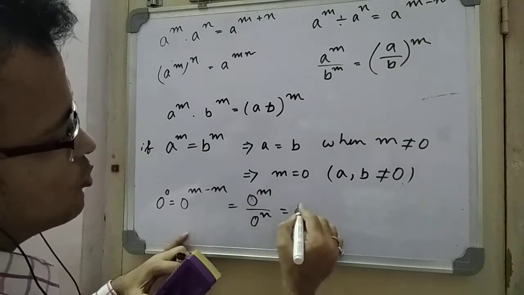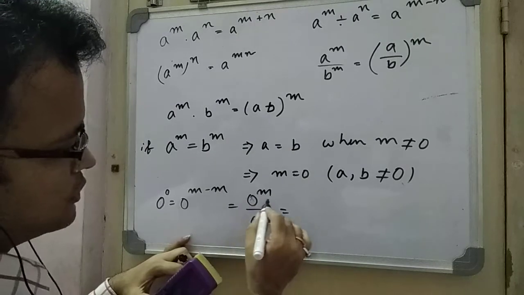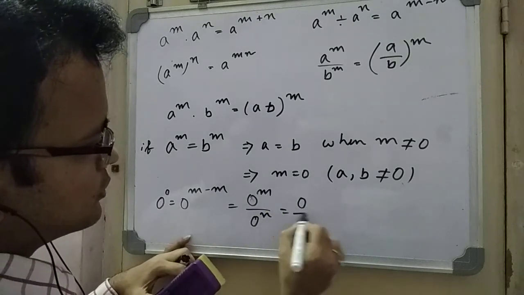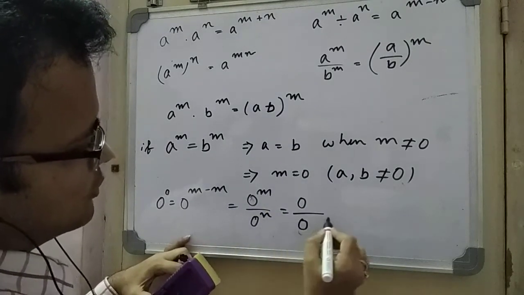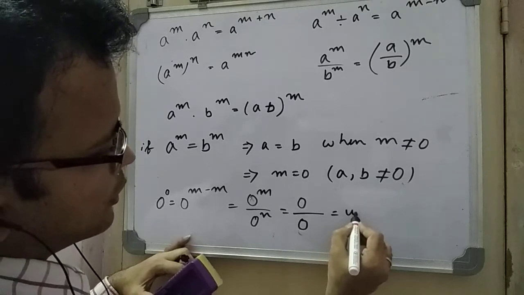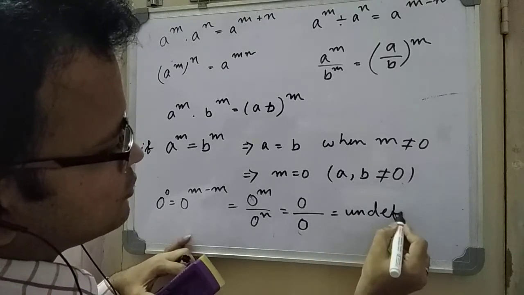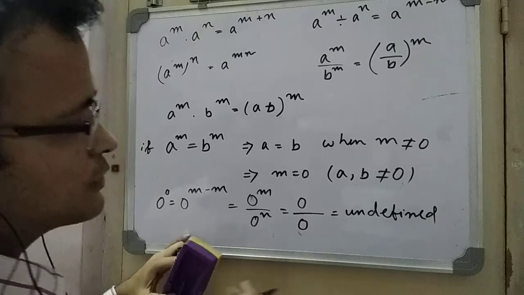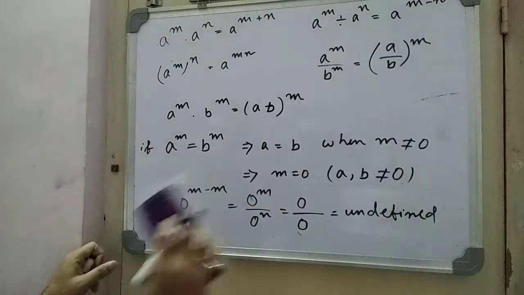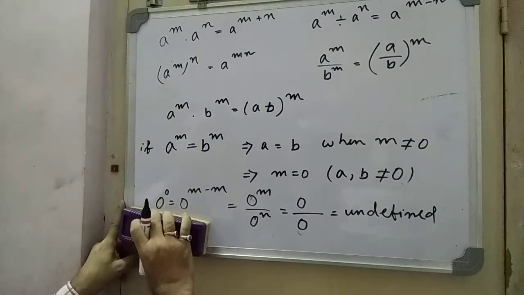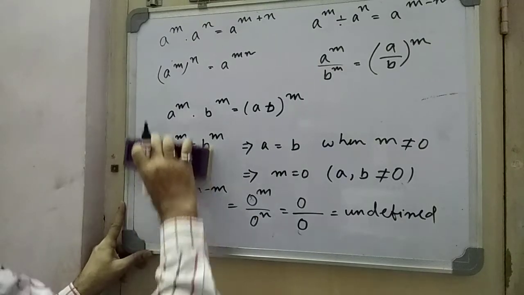Now we know 0 to the power m means multiplying 0 m times, result is 0. Same here, so this is undefined, or we can say indeterminate. So I will erase this and move next to the real typical problems.